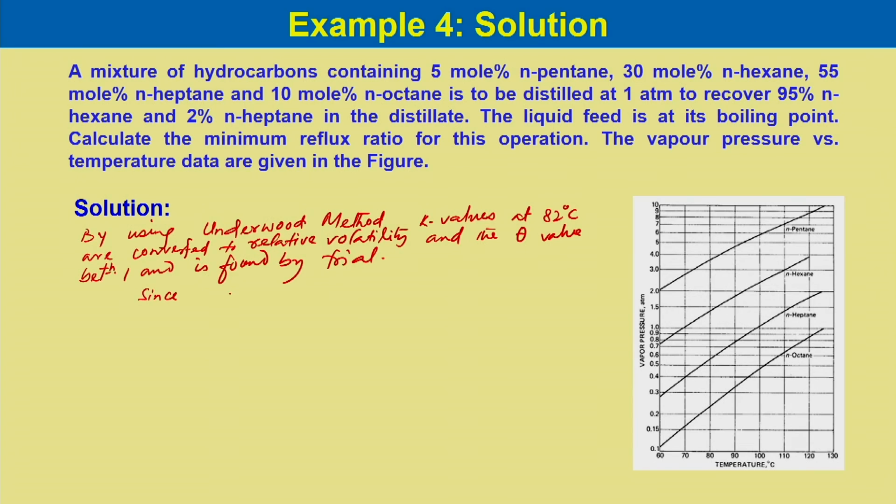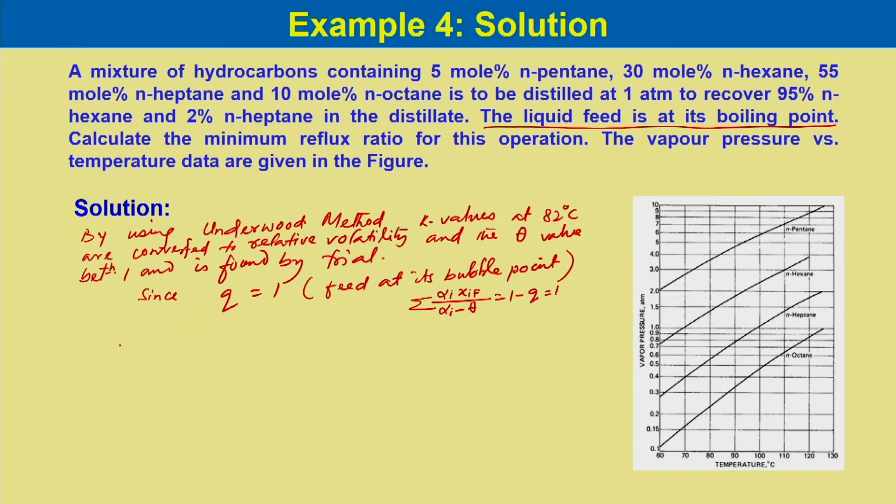Since q is equal to 1, as the feed is at its bubble point, we can calculate summation over alpha i xif divided by alpha i minus theta is equal to 1 minus q, which is equal to 1 minus 1, which is equal to 0.